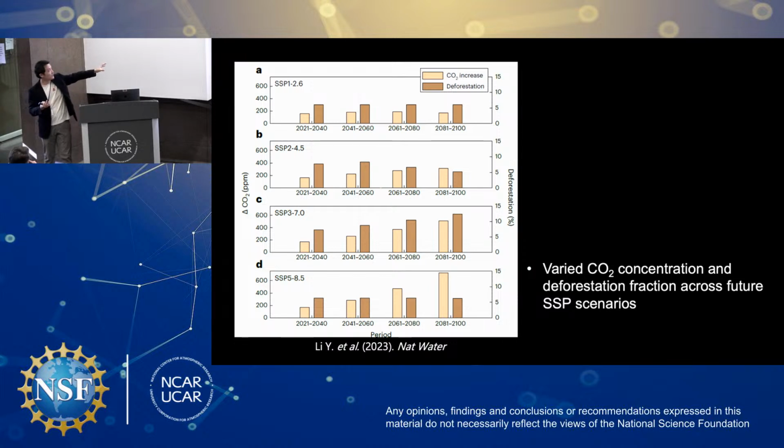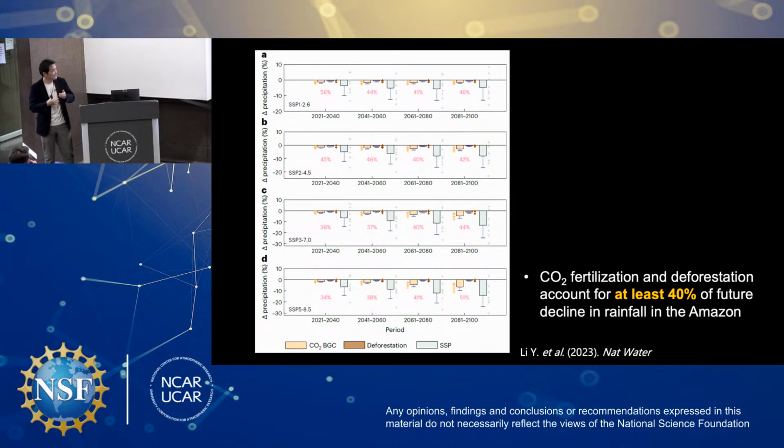They also show the increased CO2 and the deforestation level in the Amazon basin. So if we multiply the climate sensitivity from LUMIP and C4MIP with the CO2 change and deforestation level here, we can estimate the contributions of these two factors to the actual SSP simulations in the future.